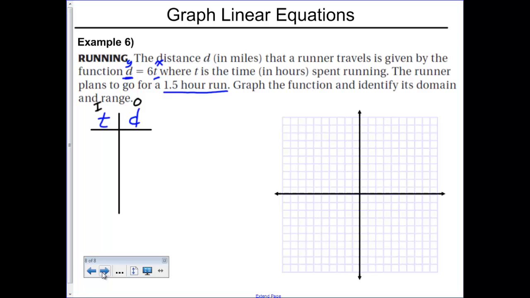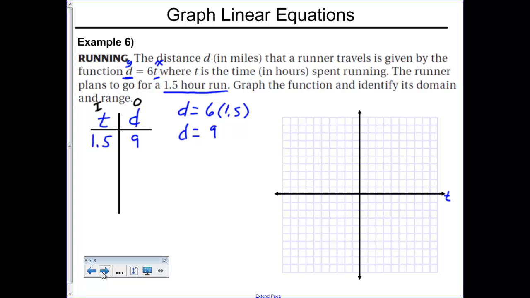Okay, so we already know that the runner wants to go for a maximum of 1.5 hours. So if I put in place of t, 6 times 1.5, that should give us 9. Yep, it gives us 9. The distance would be 9, so 1.5 is my t value.